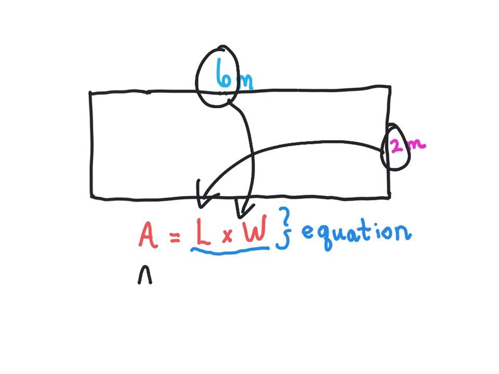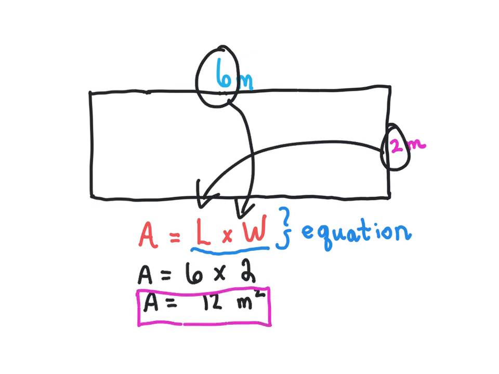So we're going to do A is equal to 6 meters times 2 meters, and we're going to get 12 meters squared. So we can call it an equation or a formula, and we take our factors and plug them in, and we get a product of A is equal to 12 meters squared.